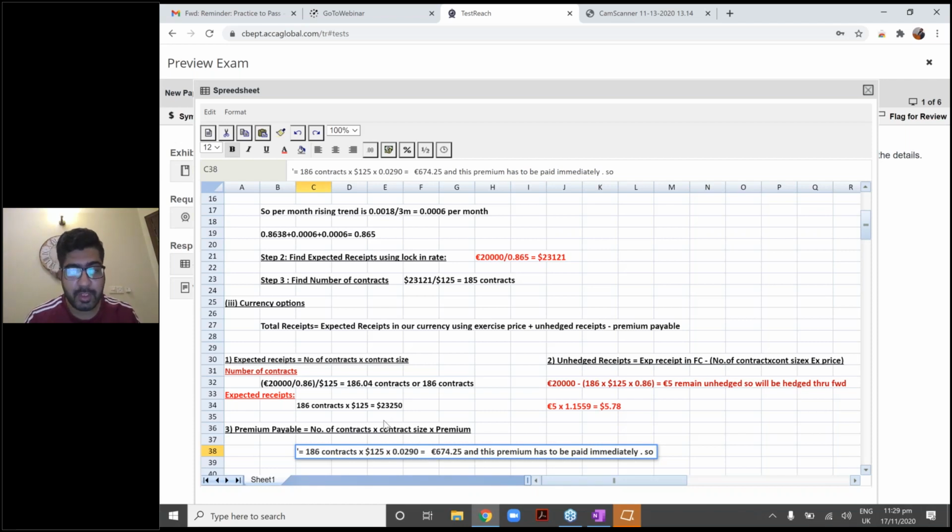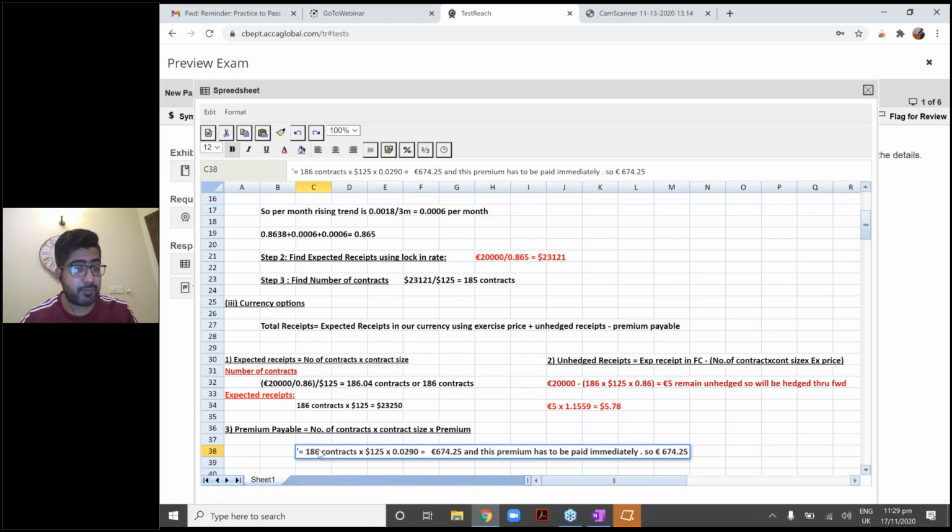Immediately means how will you convert this? Euro 674.25. This premium has to be paid immediately.